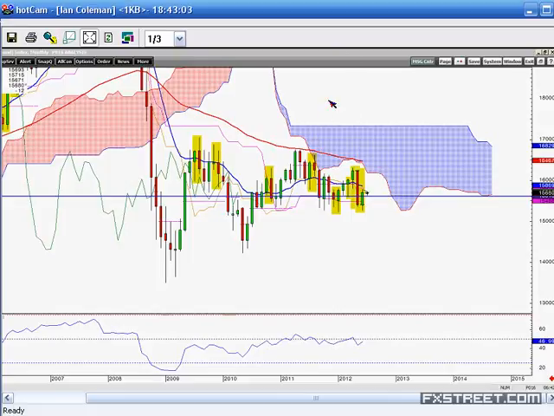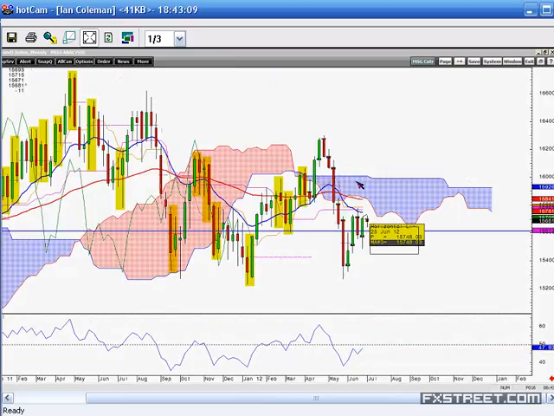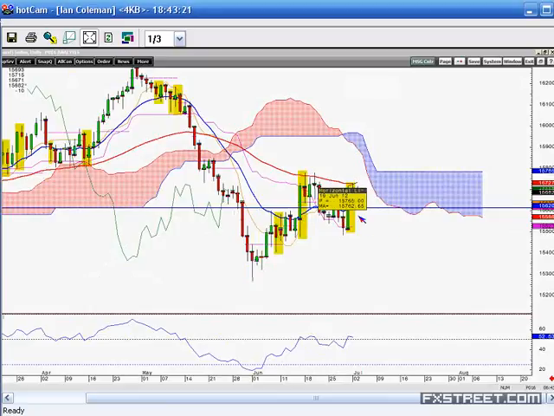So it's skewed again to the upside. Weekly chart, again is skewed to the upside. Daily. Now this is where obviously my support and resistance levels come in.